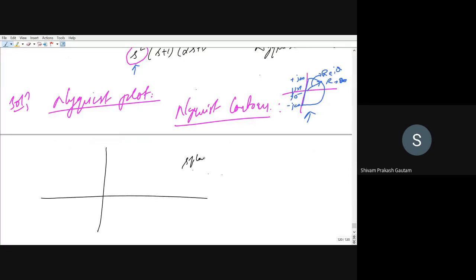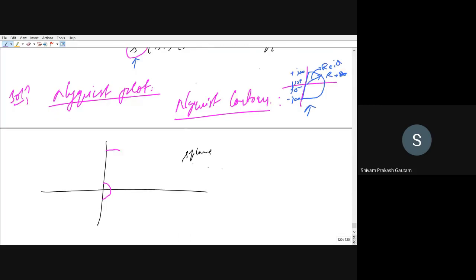This is the S-plane. Because there are poles at the origin, we will exclude them by a smaller circle, and we will also draw the bigger circle like this. This is the Nyquist contour for the given problem. This frequency is plus j0, this is plus j infinite, minus j0, and you can also write minus j infinite.